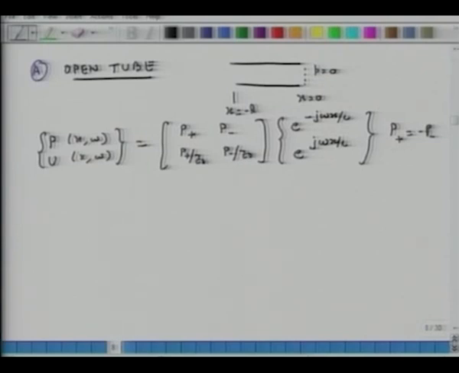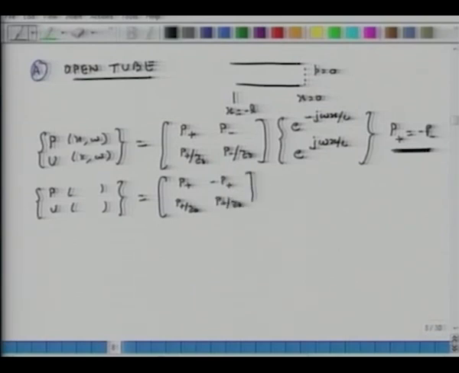So using this equivalence between P plus and P minus, what we get is P and U, again functions of x and omega. I get P plus, minus P plus, and P plus over Z naught, and P plus over Z naught, then e to the minus j omega x over c, e to the plus j omega x over c.